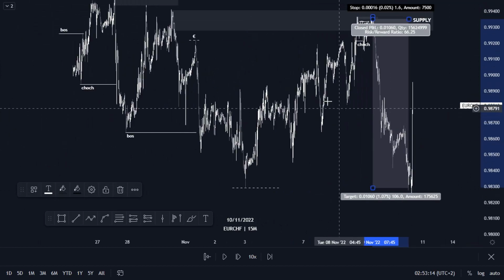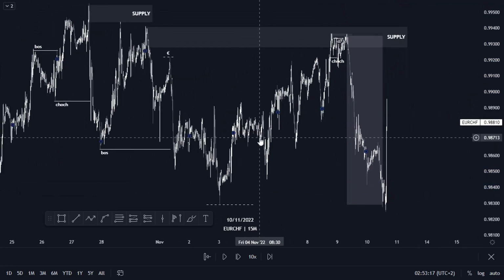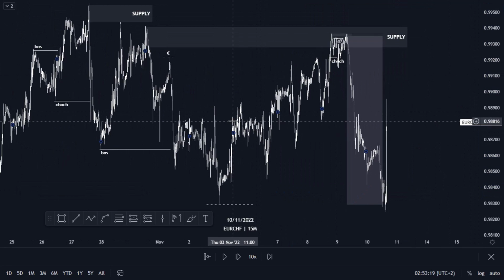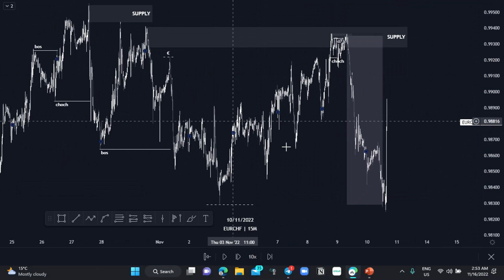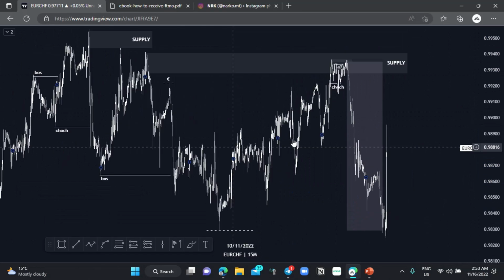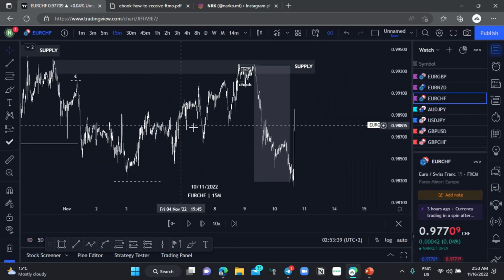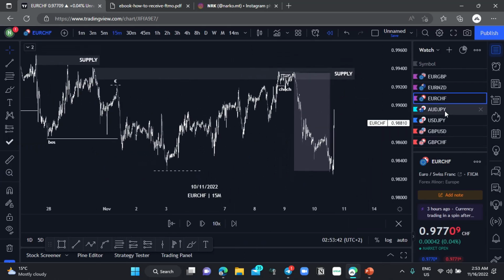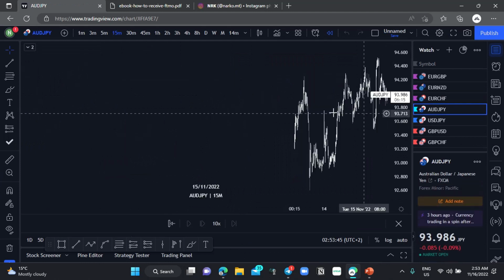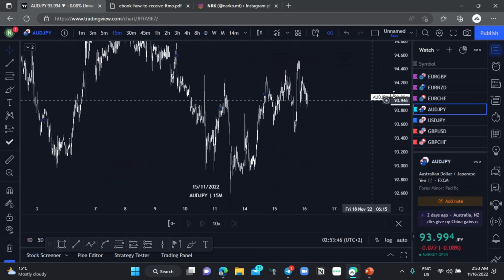Okay, so now let me do one last example with AUDJPY. One last example with AUDJPY here.